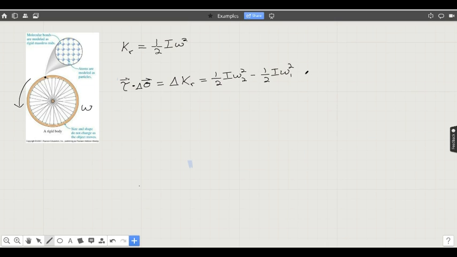This is the work that's done by a torque. This is our work energy theorem for rotational motion.